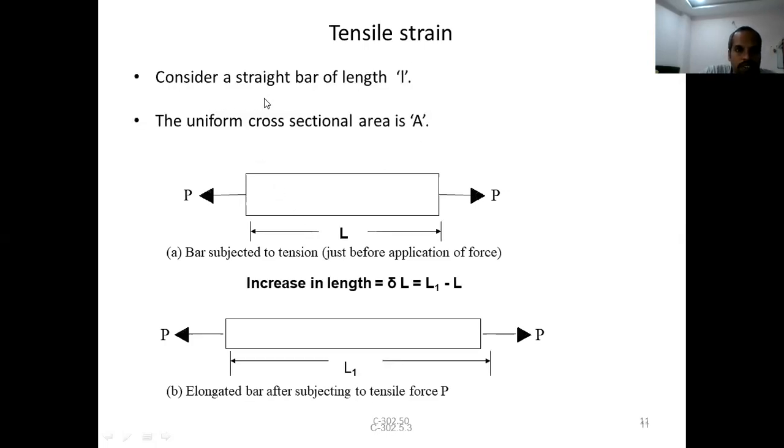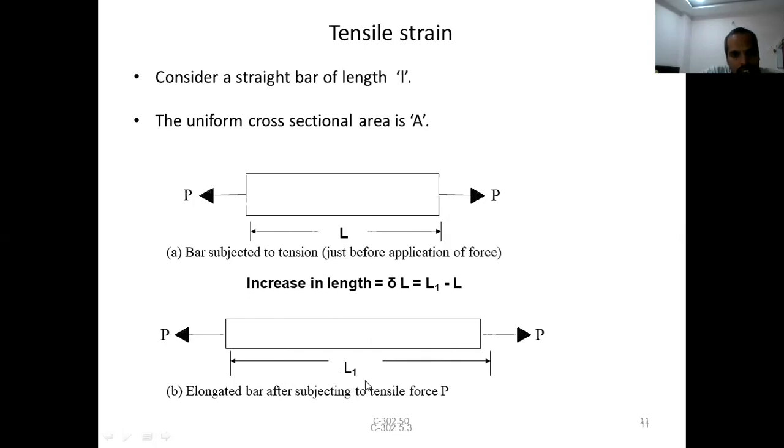Consider a bar of length L, uniform cross-sectional area A. This is the initial length and this is tension at the two ends. Here in this case, the bar has an elongated shape and the final length is, let us say, L1.